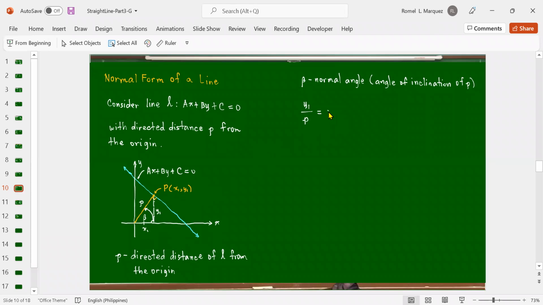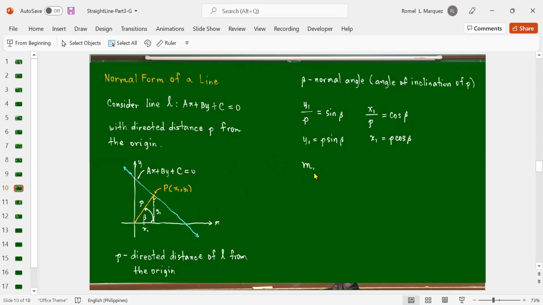That is sine beta, right? What about x sub 1? This is adjacent over hypotenuse, so that is cosine beta. If we solve for y sub 1, we have p sine beta. And x sub 1 is p cosine beta.